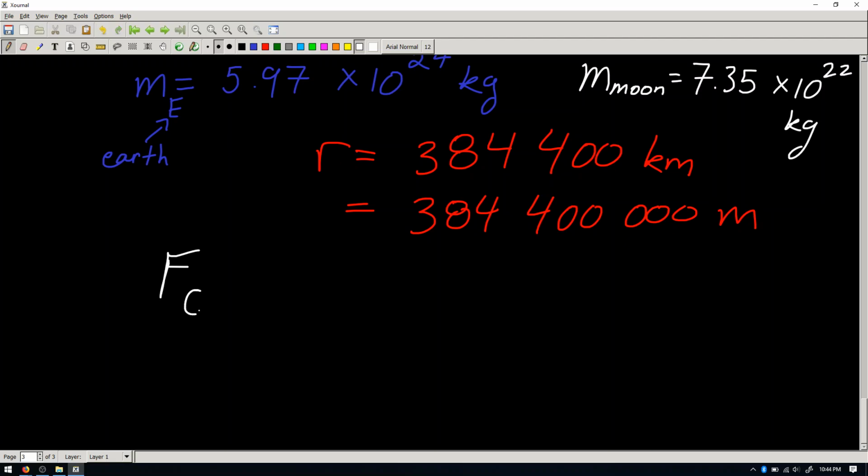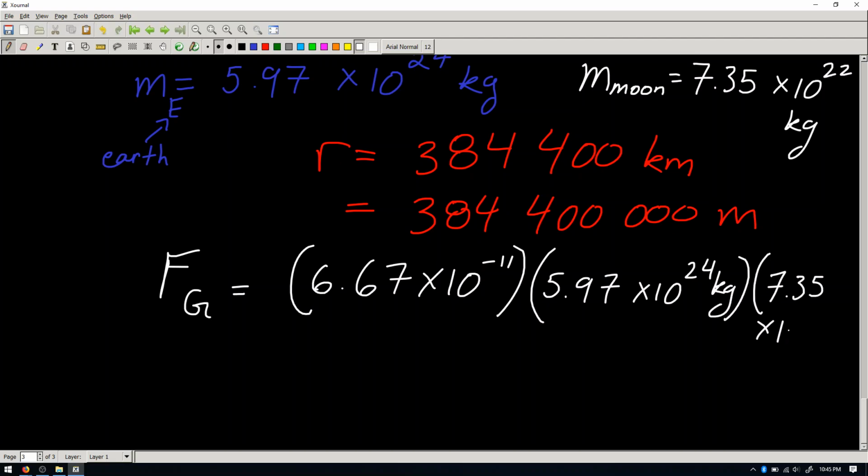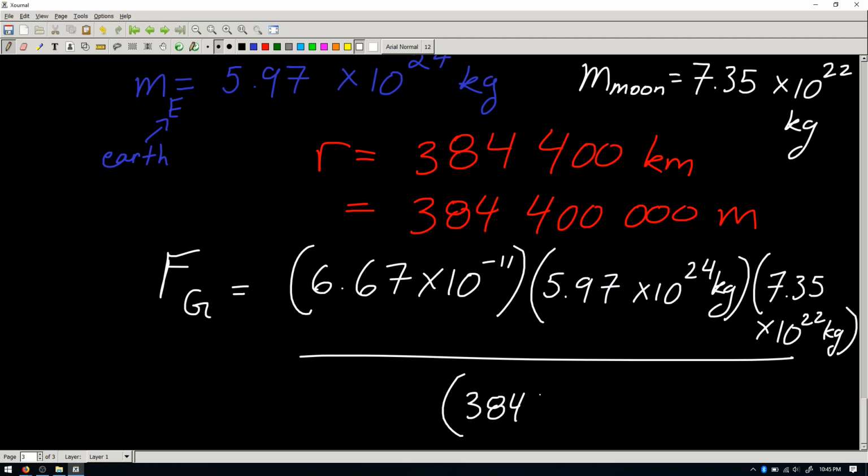Fg equals 6.67 times 10 to the negative 11, 5.97 times 10 to the 24 kilograms, 7.35 times 10 to the 22 kilograms, excuse me, divided by 384,400,000 squared. Okay? Once you plug that all in, you're able to determine the actual magnitude of the force on the moon.